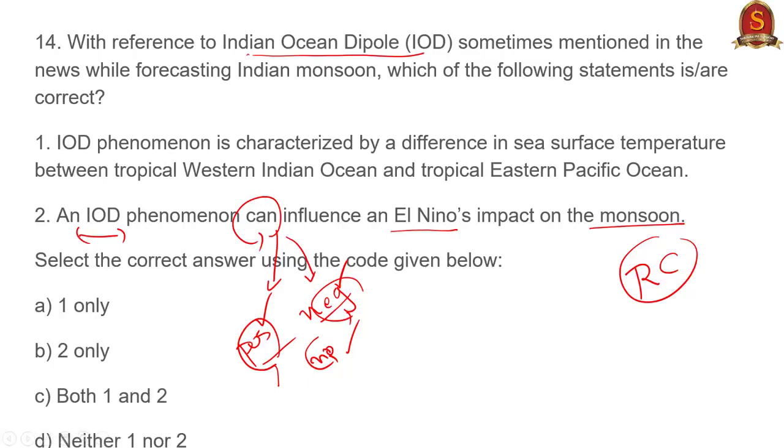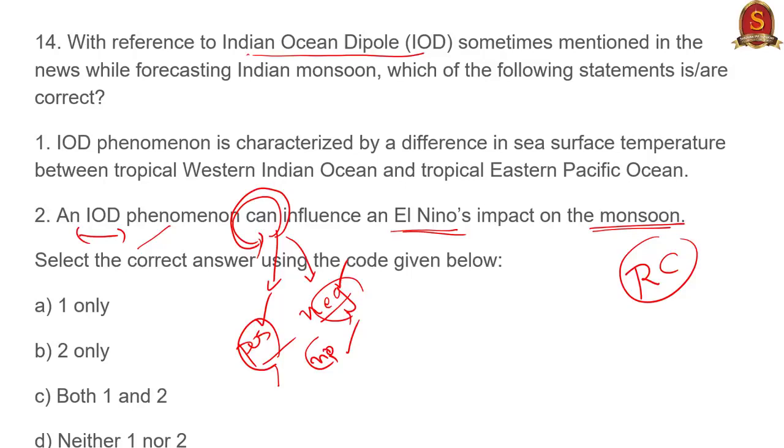But if you look at second statement, it says Indian Ocean Dipole. You're talking about an atmospheric phenomenon which happens in the Indian Ocean. Whether it can influence or not, it can be a positive influence, it can be a negative influence, that doesn't really matter. All you're saying is whether Indian monsoon will be affected by Indian Ocean Dipole. Of course it does.